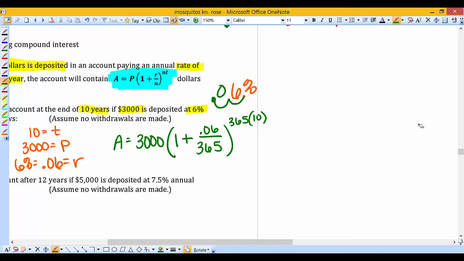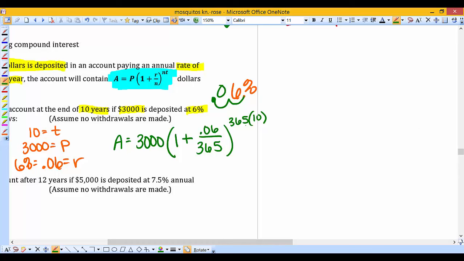Those of you who are not so good at using your calculator, I'm going to help you with that right now. If this does not make sense to you, then I strongly suggest that you come in and get some help with the calculator, because if you don't know how to do this, you're going to miss some questions on a test, on a final, on the Smarter Balanced test. We need to be able to use our calculator.